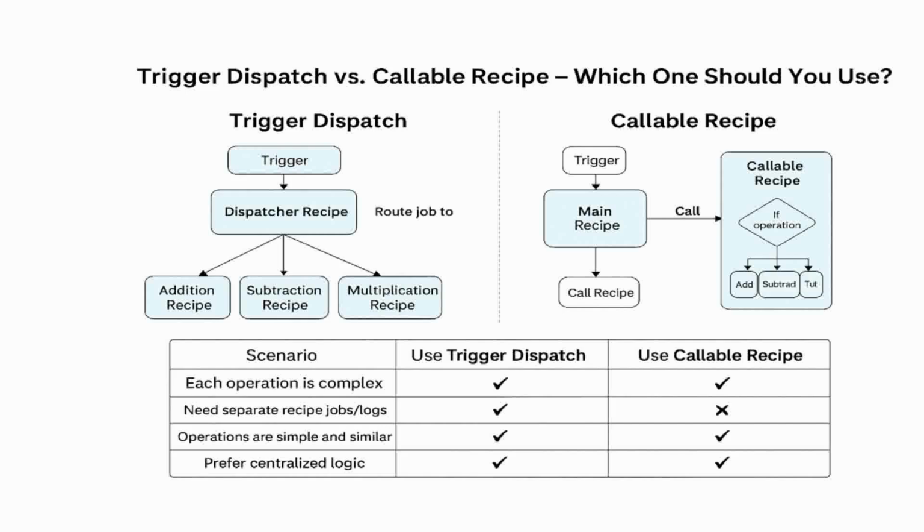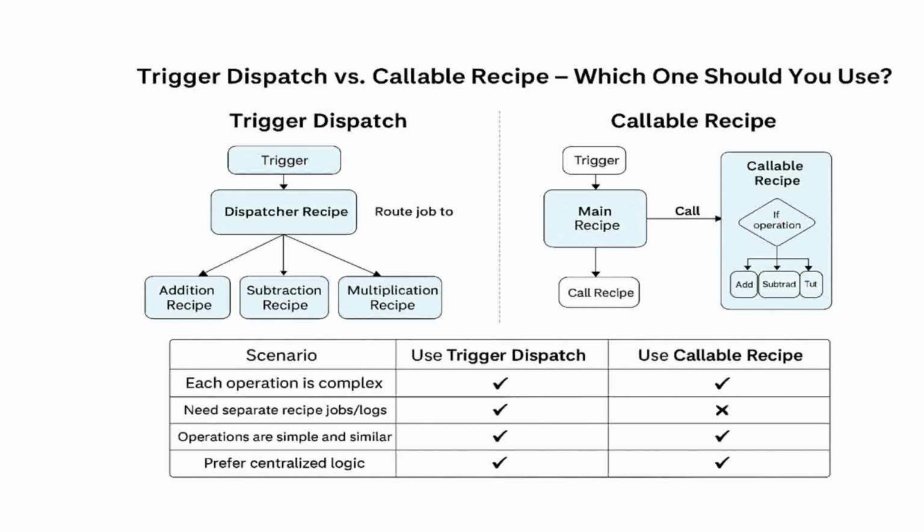When is it suitable to go with callable recipes? For example, when you have a simple and repetitive task. The operations may be different, but it's the same kind of work: in addition you see a plus symbol, in multiplication a star, and in subtraction a minus sign.